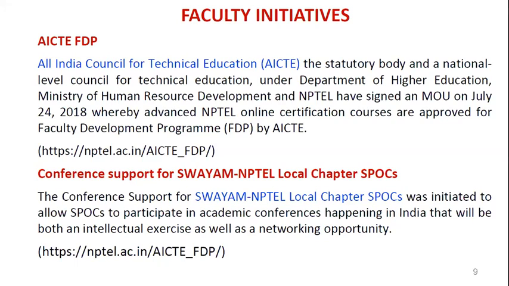Then some local chapter conditions are there. Whoever, student or faculty, enrolls in a particular course through NPTEL, at the time of registration it will ask, do you belong to an NPTEL local chapter? If your college is included, you can select yes in the drop down.